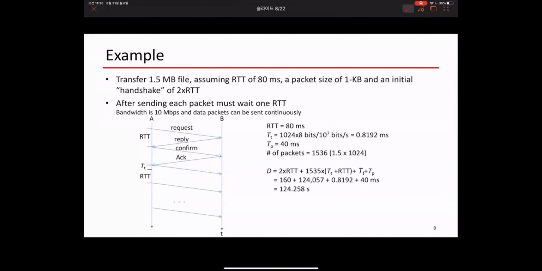So, what's the difference from the previous question is, I have to wait 1 RTT every time. Until here, everything is the same. So I have to do 2 times RTT for the connection setup. Then every time I have to do 1 RTT after transmission.